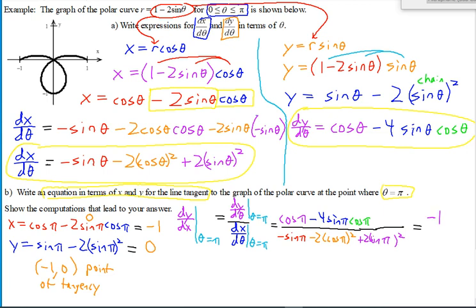Sine of pi is 0. So again, that wipes out this entire term, so we just get negative 1 on the numerator. And notice we've got some sine of pi here. That's 0, that's 0, so those two terms are gone. And then cosine of pi is negative 1, but notice that gets squared, that makes it positive 1, times negative 2 is negative 2. So we just end up with negative 2 on the denominator. And then you can see we've got a negative divided by negative. The negatives reduce out. So we get positive 1/2. So that's the slope of our tangent line.